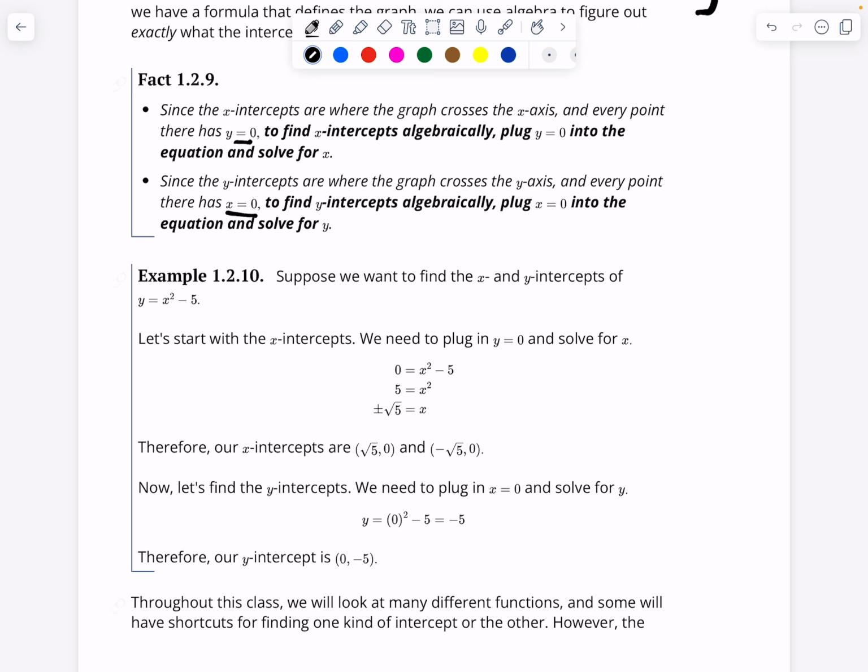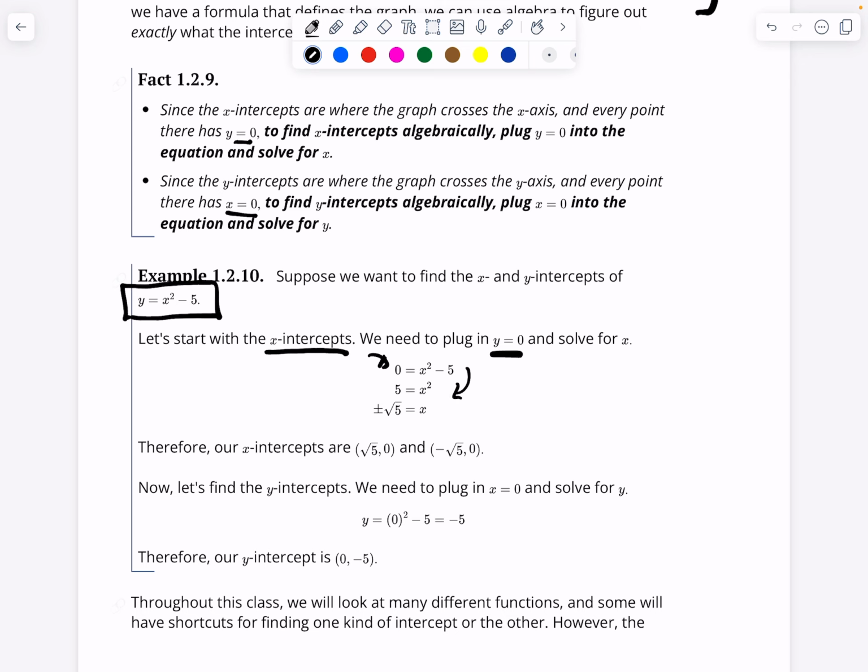Suppose we want to find the x and y-intercepts of this equation right here, y equals x squared minus 5. If we're going to find the x-intercepts, we're going to set y equal to 0. So we plug in 0 for the y, which we did over here, and then we have to solve for x. If we can, we want to isolate x by itself, and we can in this case with the quadratic because we don't have an x term.